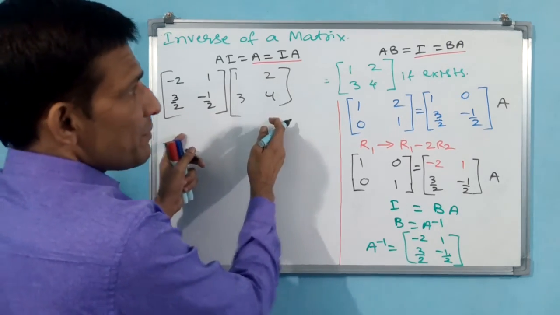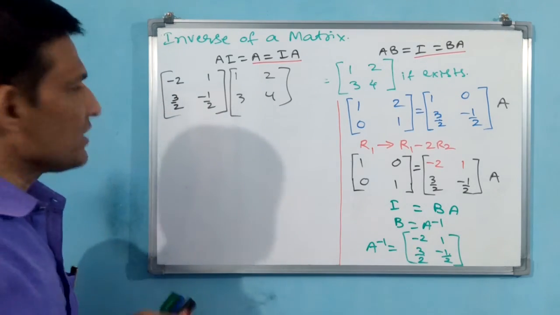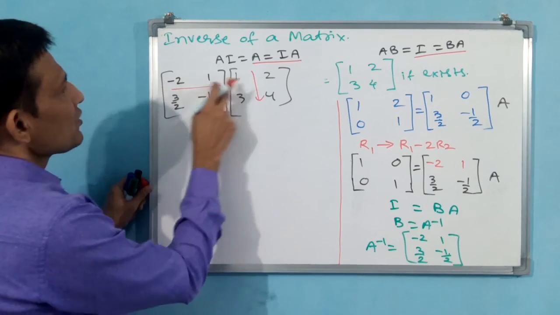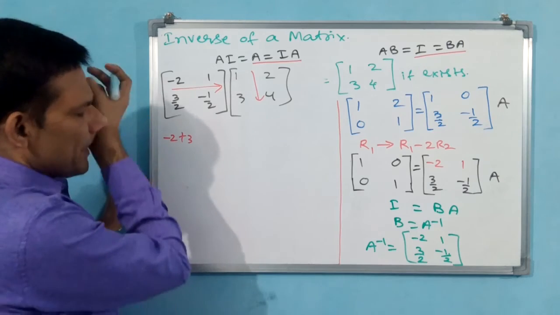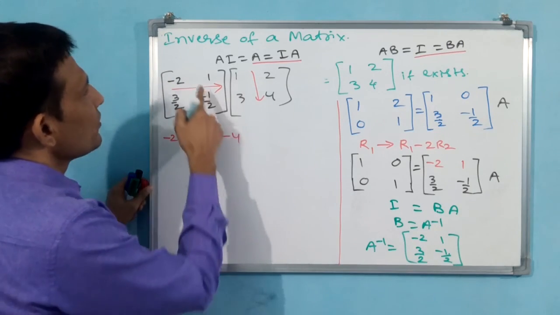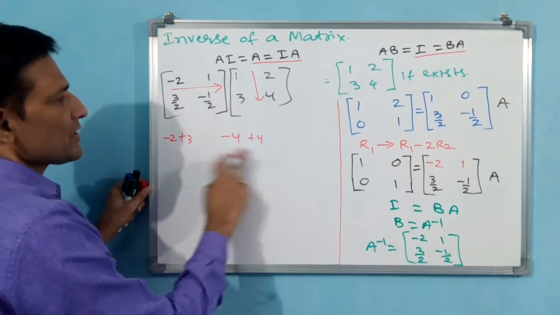If this multiplication comes I, then this is inverse. Only one inverse, unique inverse I am telling. Take row and column. You see, minus 2 into 1, minus 2, plus 3. First row, first column. First row, second column. Minus 2 into 2, minus 4, plus 4. 1 into 4. This is first row, second column.